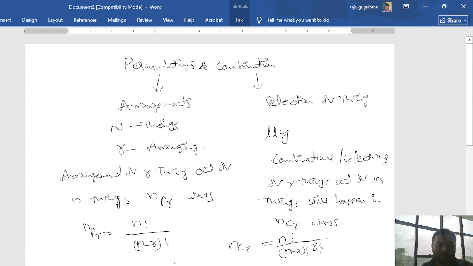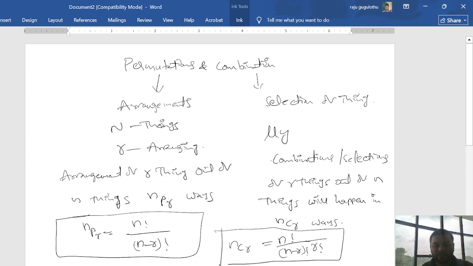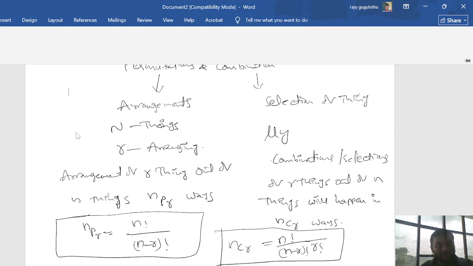So this is nPr and this is nCr, and we will be using nPr for permutations. Permutations are nothing but arrangements, and we will be using nCr for combinations. Combinations are nothing but your selections.